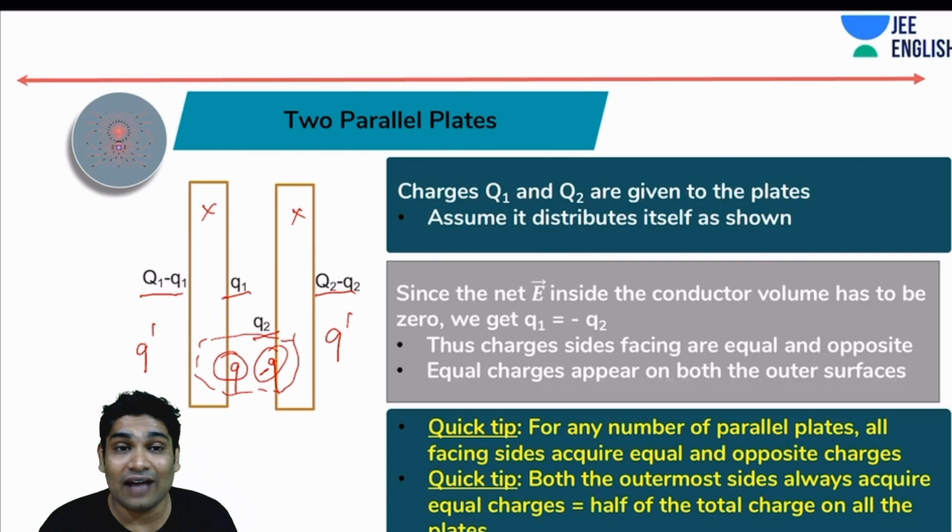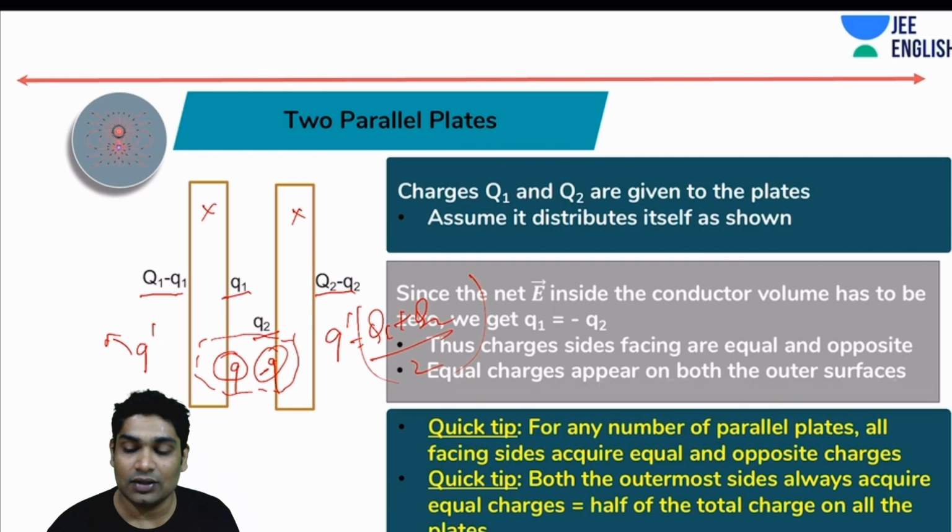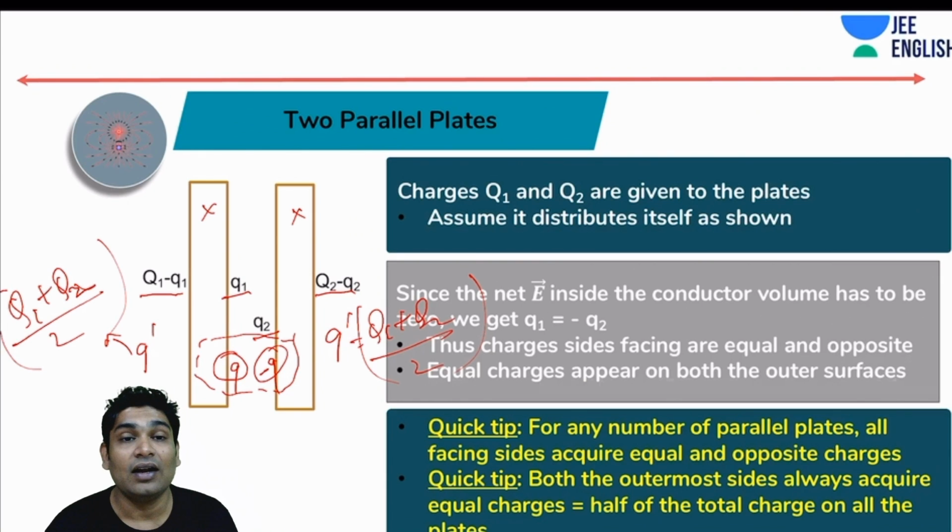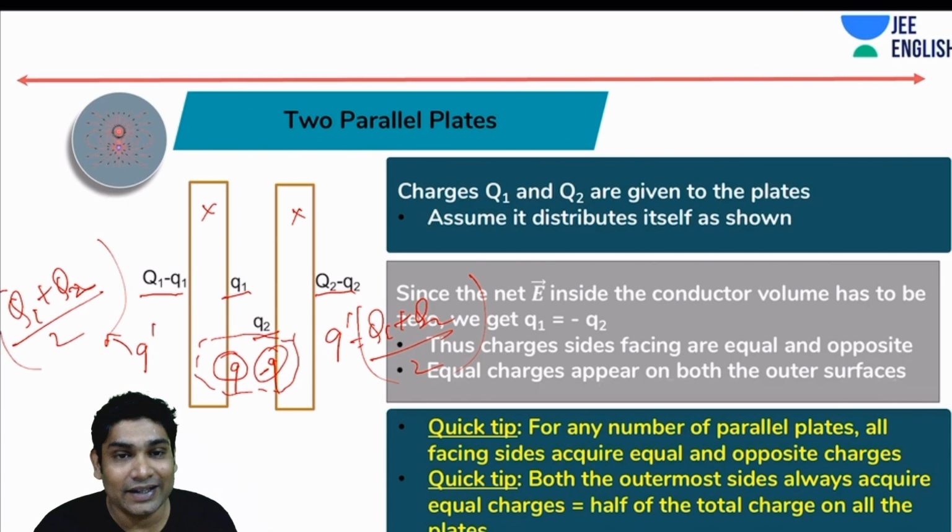How much charge did I have to start with? Q1 plus Q2. So q dash must be (Q1 plus Q2) by 2. Same goes here. Both these sides will get half of the total charge.